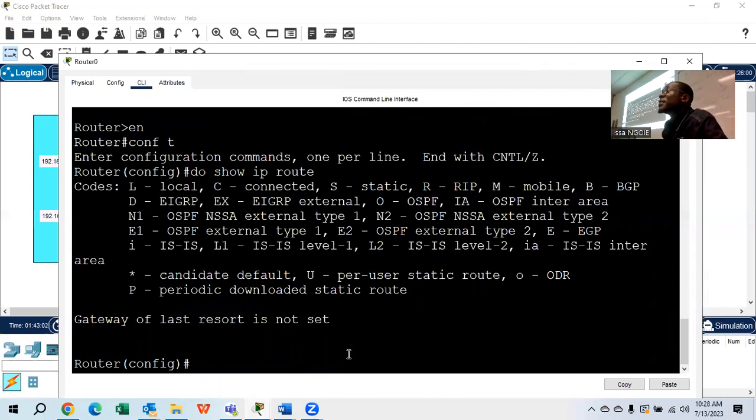What did you see? Is there any network here? No. The routing table is empty, right? Now what we're gonna do, we have to bring that interface up, and we're gonna assign it an IP address.